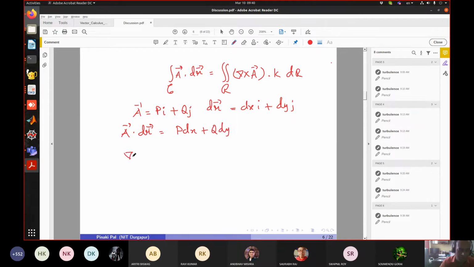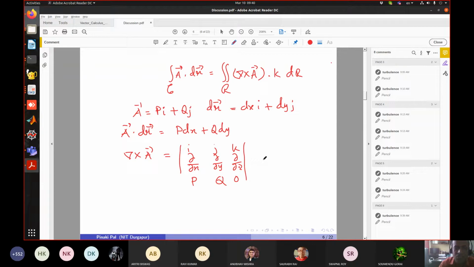And what is the cross product of this nabla with A? This is equal to the determinant with i j k, del/del x, del/del y, del/del z, and A has two components only, P Q, and there is no third component, 0. Then you take the kth component.